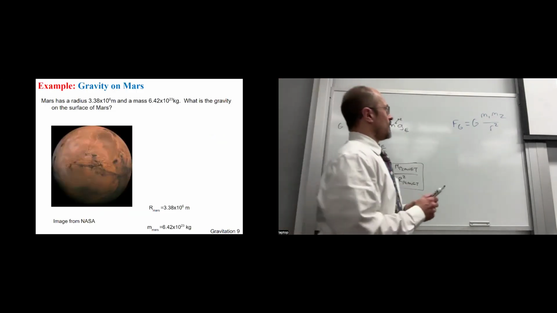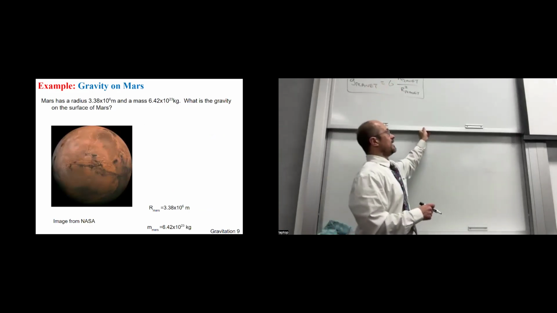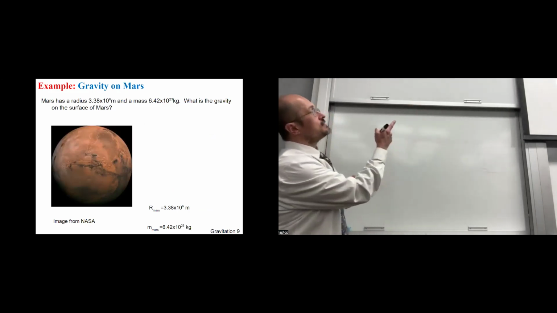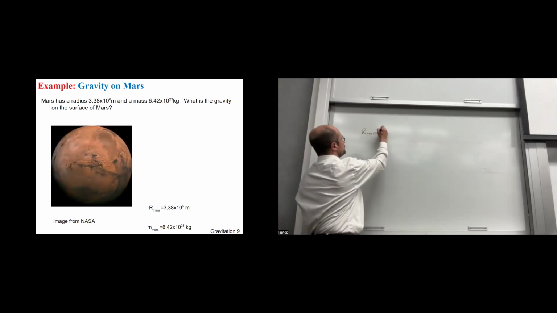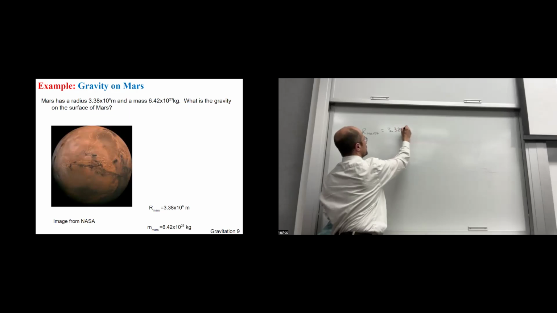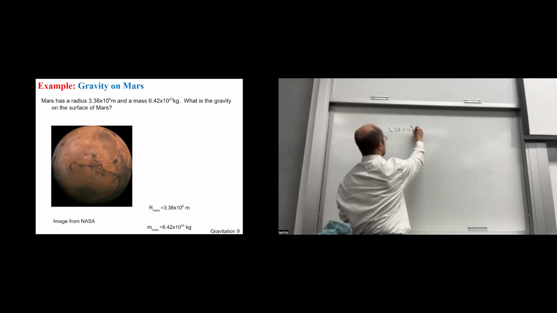So let's calculate the gravity on Mars. As we'll see, they tell us that the radius of Mars is equal to 3.38 times 10 to the 6 meters.